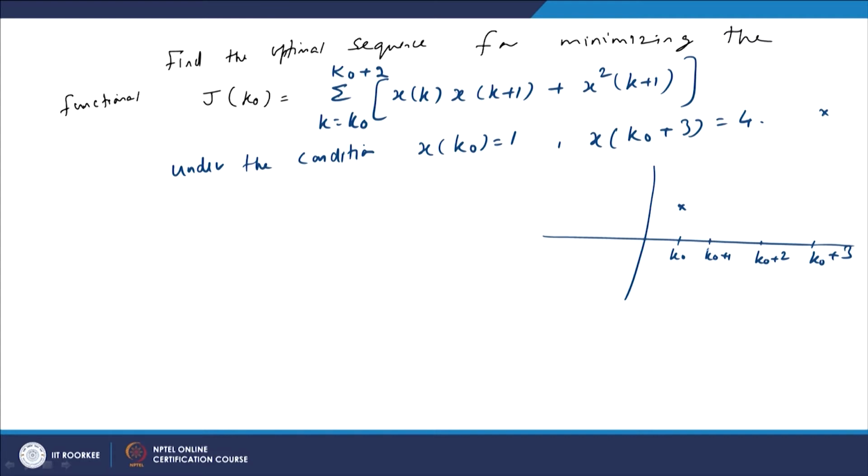Now we have to find the values at k0 plus 1 and k0 plus 2, two values we have to find. The optimum solution may lie anywhere on this line. The values can be anywhere, only initial and final are given.